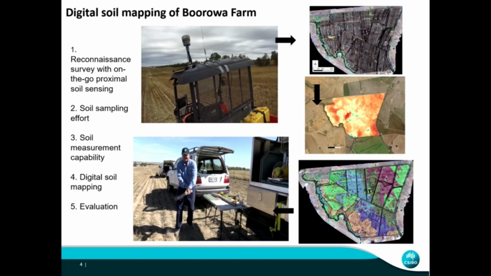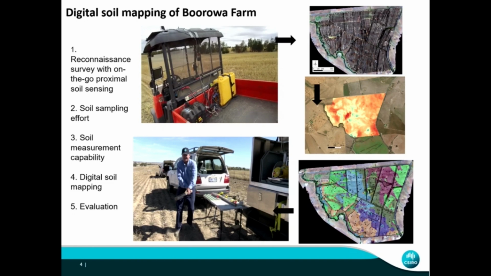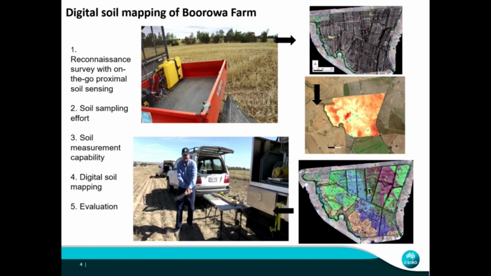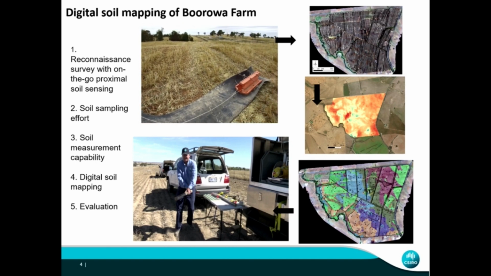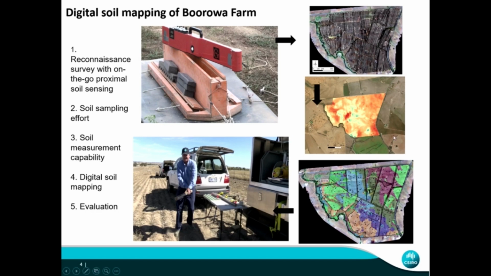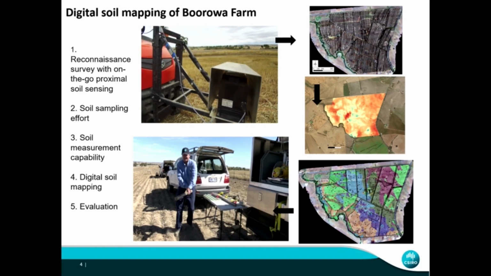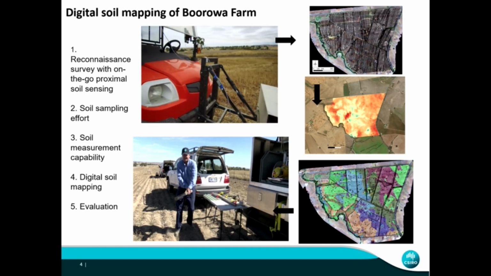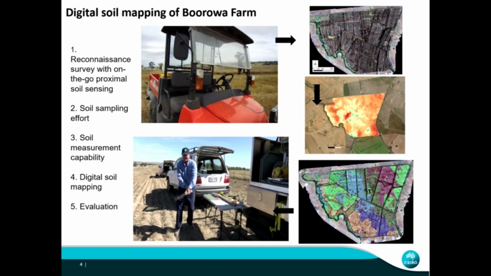But the main thing is it's got these sensors on board. You've got a GPS on the front. There's a gamma spectrometer. On the back is an EM, measuring the conductivity of the soil, and that's basically just driving across the whole farm, generating tight line spacings, and you're really just collecting all this information that's going to help determine the variability of the landscape that you're driving over.